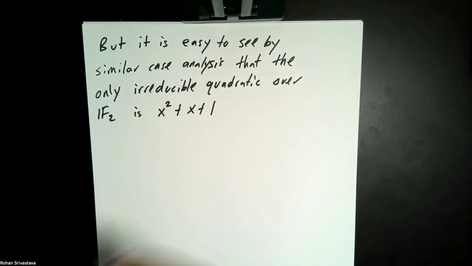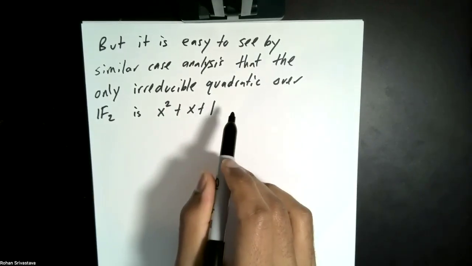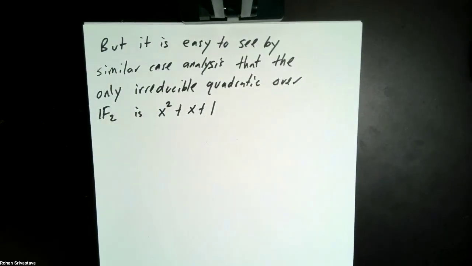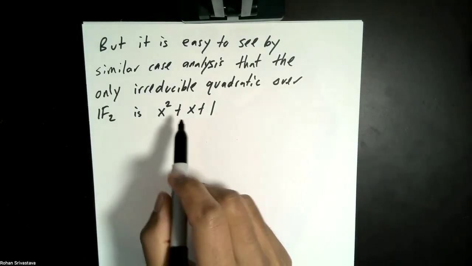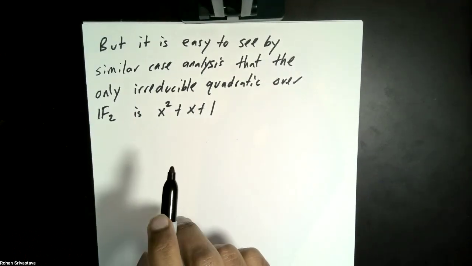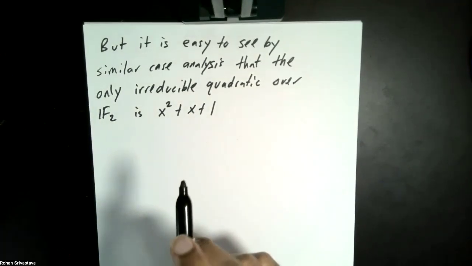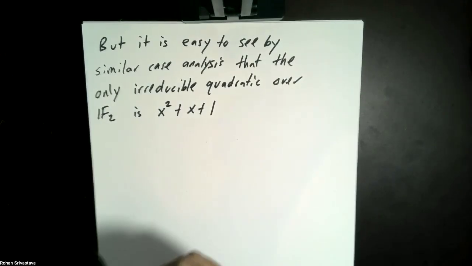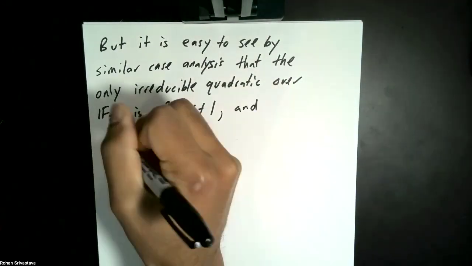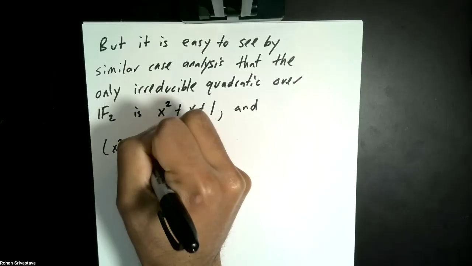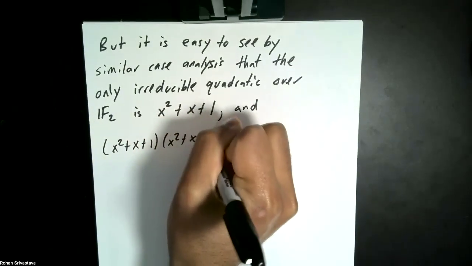And so if this is the only irreducible quadratic, then we just need to rule out the possibility that the fourth degree polynomial we claimed was irreducible is equal to this polynomial times itself. So let's compute x squared plus x plus 1 times x squared plus x plus 1.